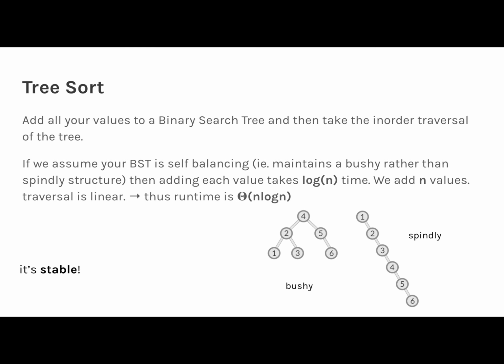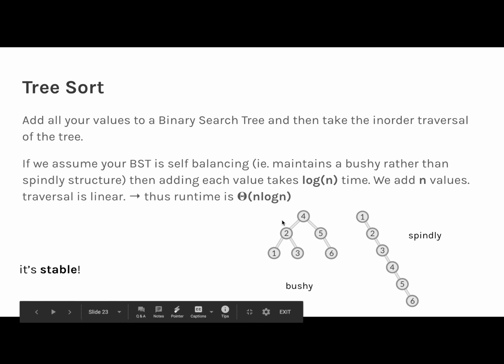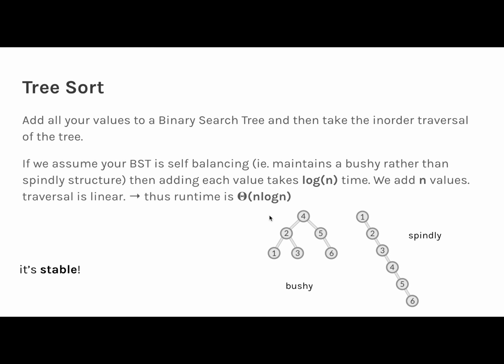So if you have a bushy structure like this, the number of levels in your tree is roughly log n, because our branching factor is 2, so at every step we get 2 more children, so we're going to have log base 2 of n levels. So if we add n values, that's going to be n times log n time, because doing a traversal is linear.